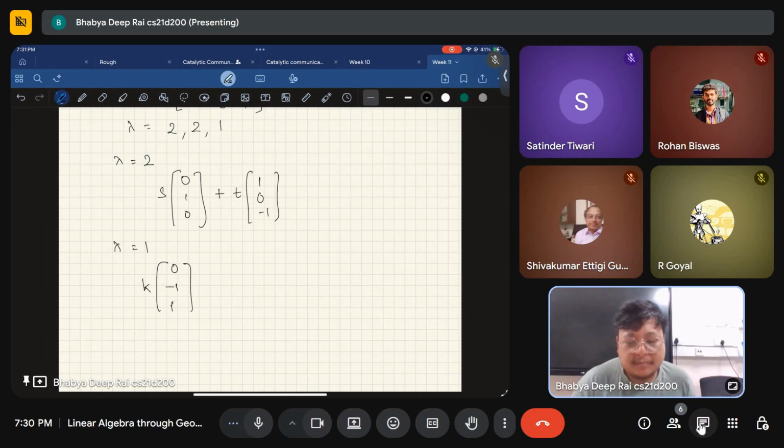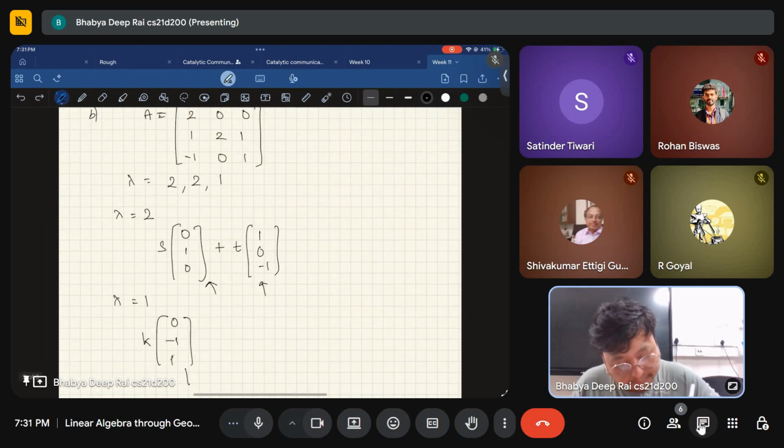Great. So there are two eigenvectors here, and you can see that. And here you have another eigenvector.